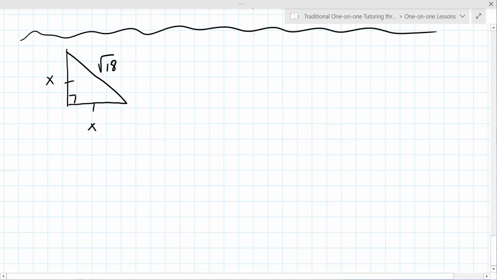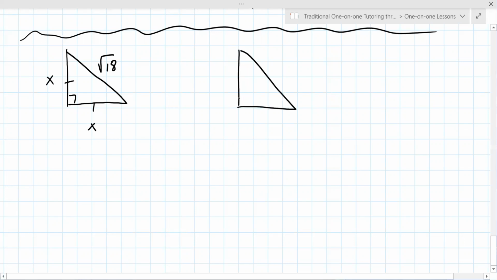I want you to set square root of 18 equal to x square root 2. Is it 3? So your answer is x equals 3.